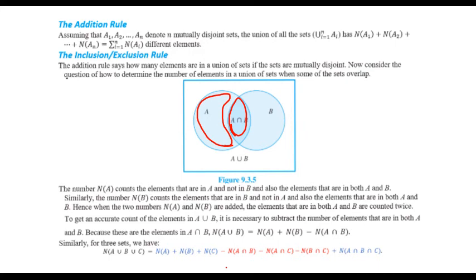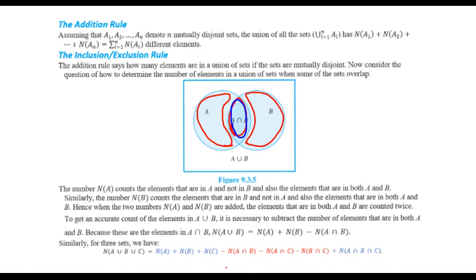The elements that are in B but not in A, which are in this region, and again, the elements that are both in A and B, correct?